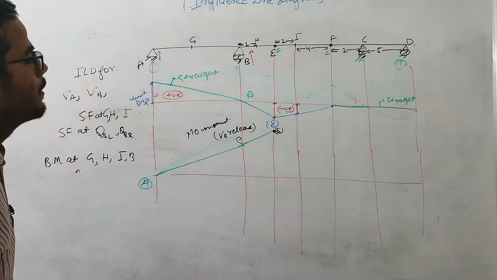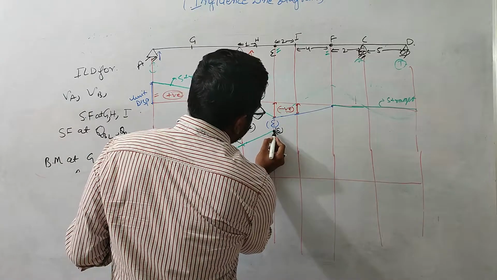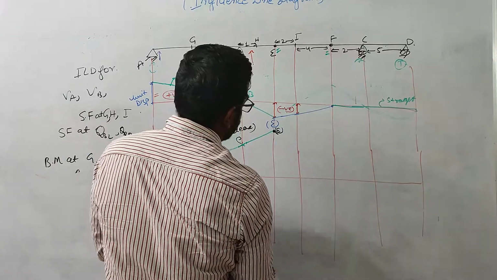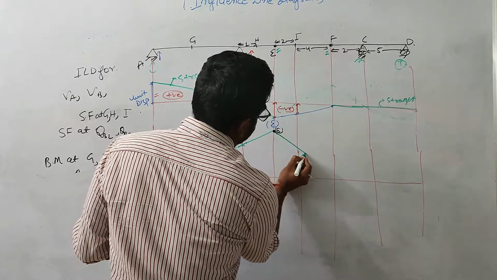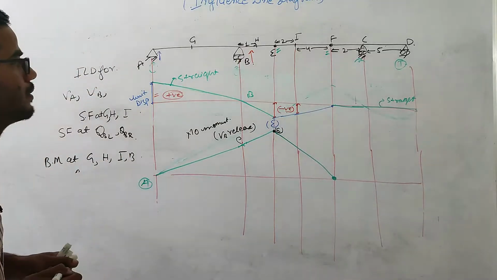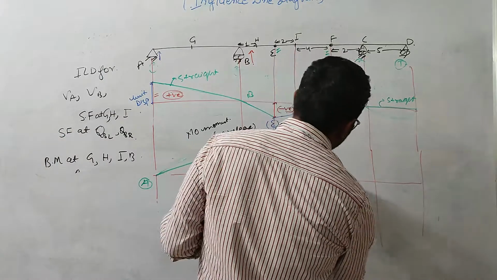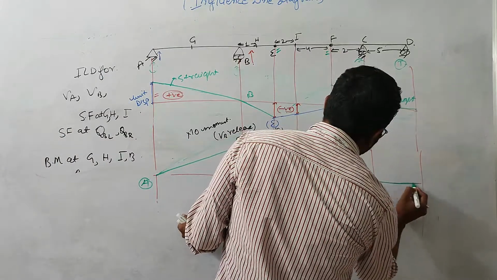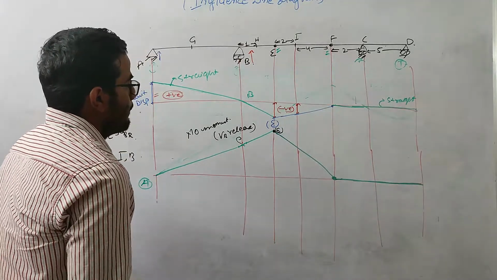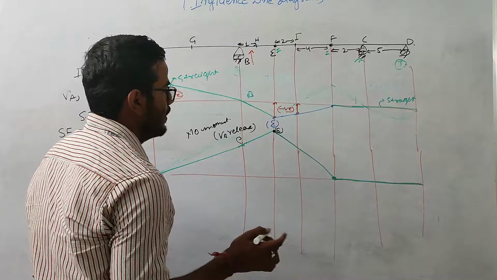Now again, this beam will come down, and beyond this point it will again be a straight line. Why is it a straight line? Same reason, because now you can see that this structure became unstable.